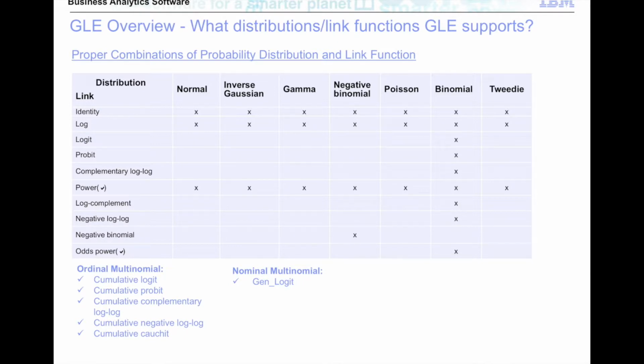Also, from this table, we can see that the combination of the distribution and the link function is not a random combination, and different distributions correspond to specific link function sets. This requires that the analyst choose a suitable distribution and link function for their specific problems.